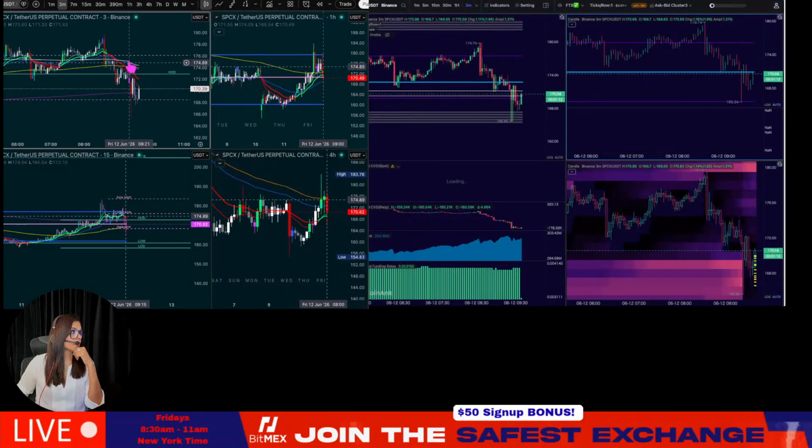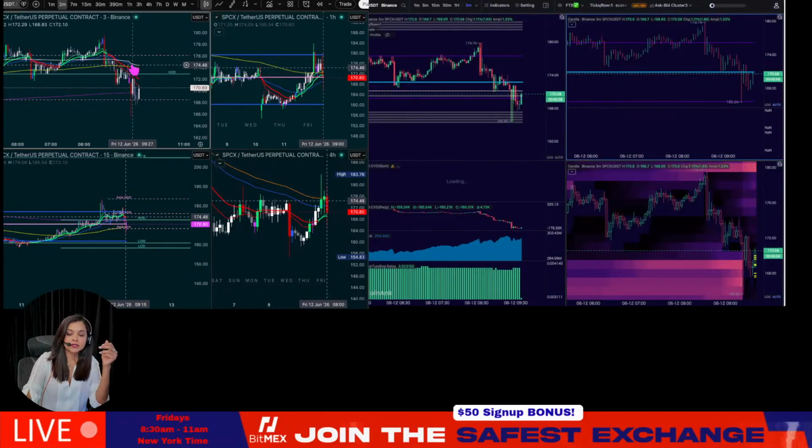I would also wait for it to go above the VWAP on the 3-minute or the 15-minute time frame. Why? Because institutions, big hedge funds or whatever, actually use the VWAP a lot. I like to keep that in mind when I'm trading.